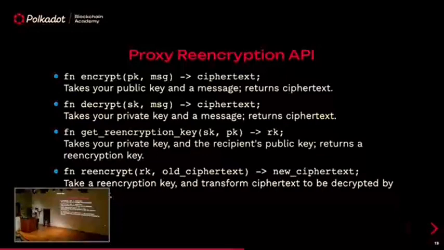You can encrypt data to yourself by using your public key and a message, and that gives you a ciphertext that you can decrypt. You can decrypt data. Oh, that's actually a typo there. That should be going from ciphertext to the message.